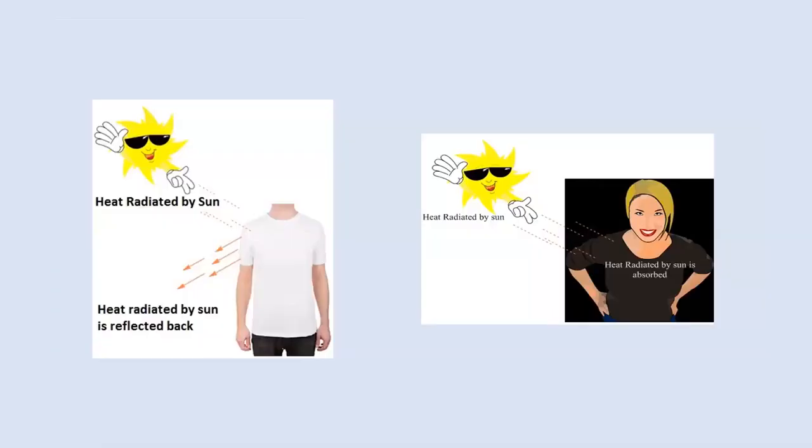So students, light colors are the best reflectors of heat falling on them, and as a result, light colored clothes reflect the maximum amount of heat they receive and make us feel cool to some extent in comparison to black or dark colors. Hence, we feel more comfortable wearing them in summer.